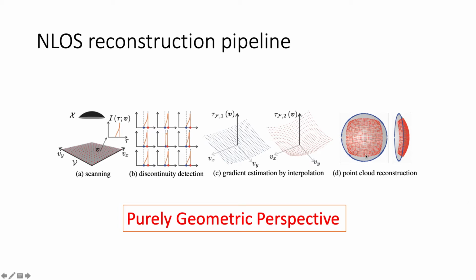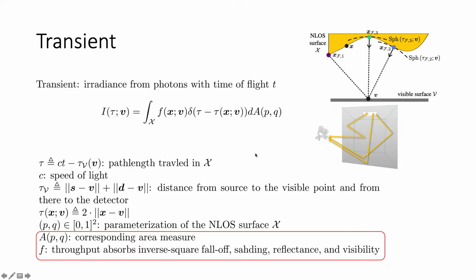Before that, we need to compute the gradient of the Fermat path length function tau_f by interpolation. Now let's dive into the details.